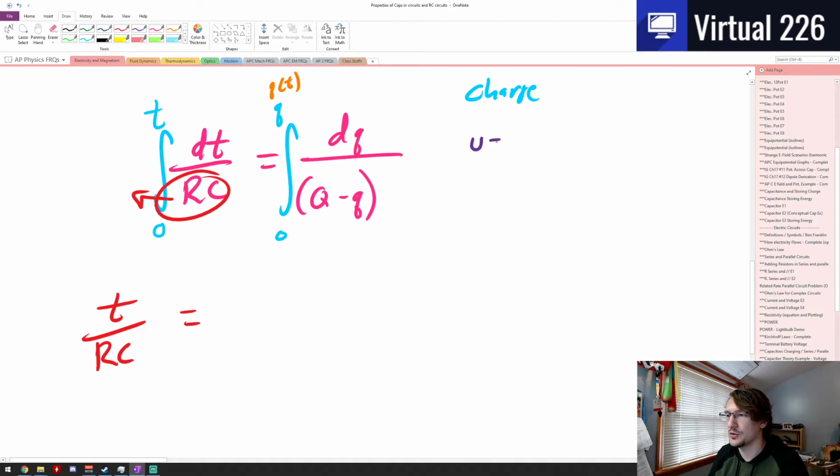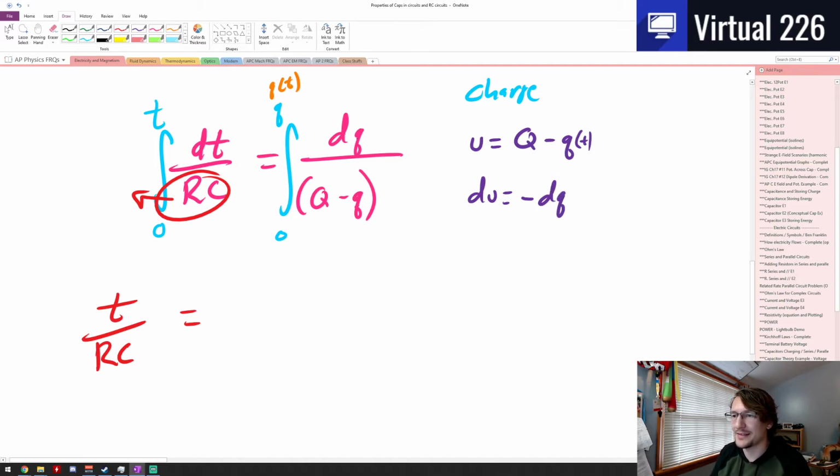So let's set u equal to Q minus q, and that means that du is going to be equal to, well, this capital Q is a constant, so when we take the derivative of that, it's nothing. And this q here is something we take the derivative of, because this is q of t, right? So we're going to get minus here, and that's just going to be minus dq.